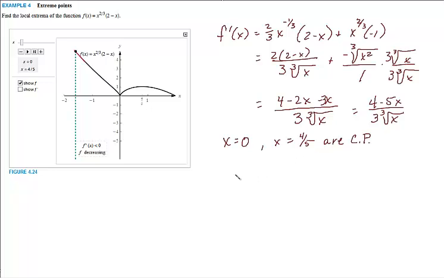Now I need to figure out where it's increasing and decreasing, so I draw my number line. 0, 4/5. Choose something to the left of 0, f prime of -1, let's say. I don't really care about the value, just the sign. This will be a negative, making that positive. This will be a negative.